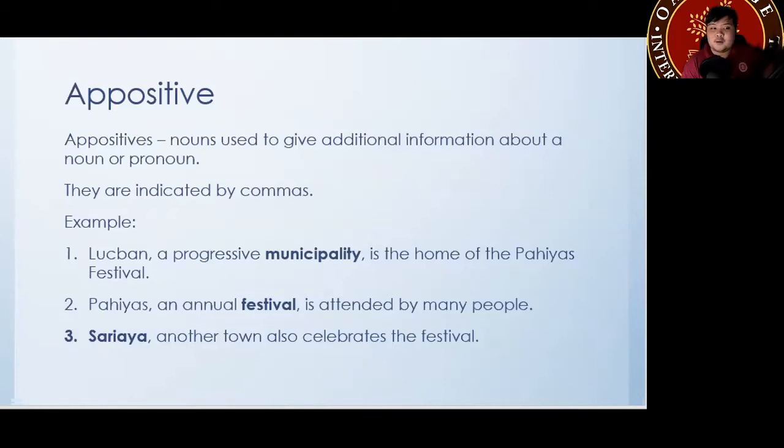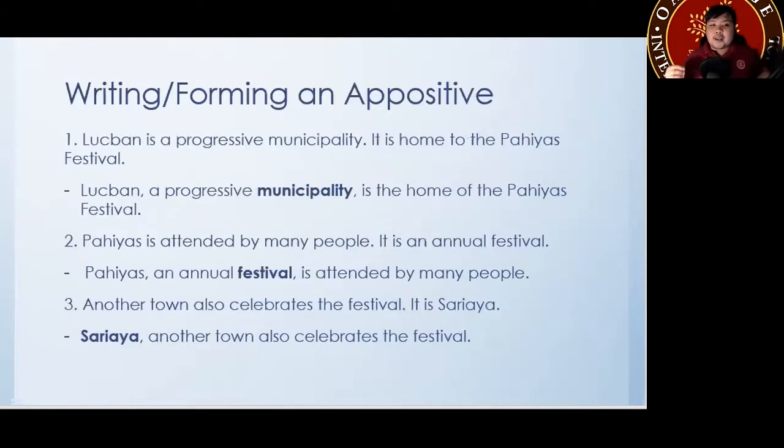Okay, now how do you create or form an appositive? Usually you have 2 sentences and then you combine them together to make an appositive. So example number 1, Lukban is a progressive municipality. It is home to the Pahiyas Festival.